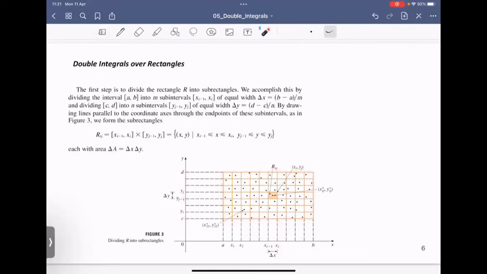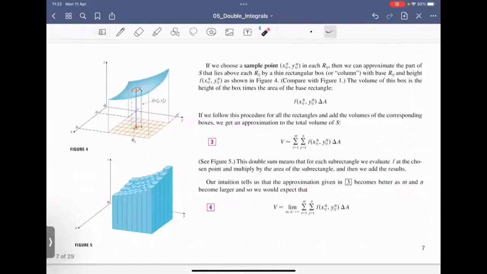And for each small rectangle here, you can compute the volume by looking at the small piece here. This is going to be one stack. You compute the volume for one stack first, and once you compute it for every cell here, you sum it up. So you're going to get a picture like this. Does it make sense?